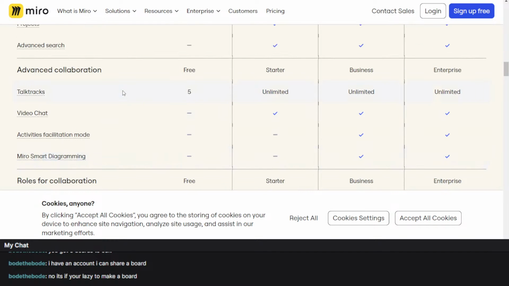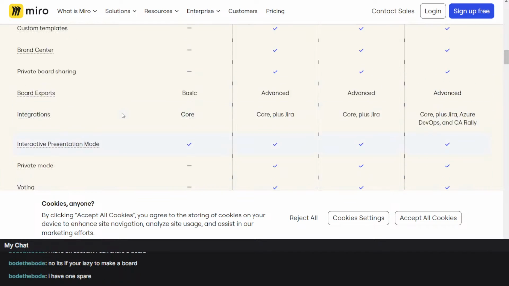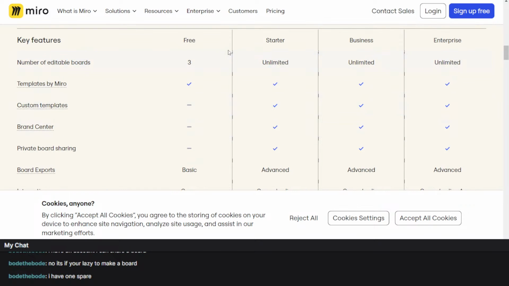Free accounts get 3 boards. Oh, I got you. If I don't want to make one, you'll make one. Okay.